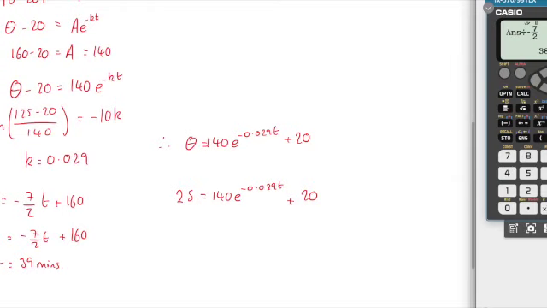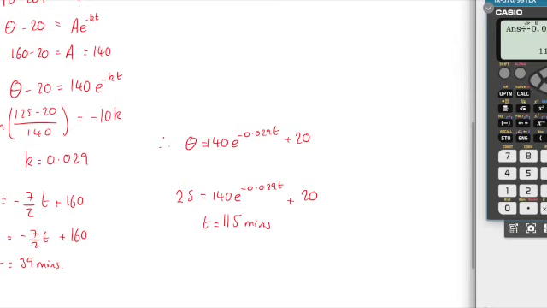So that's going to be 25 take 20 divided by 140, and then I'm going to ln that, and then divide that by minus 0.029, giving me that t is 115 minutes.